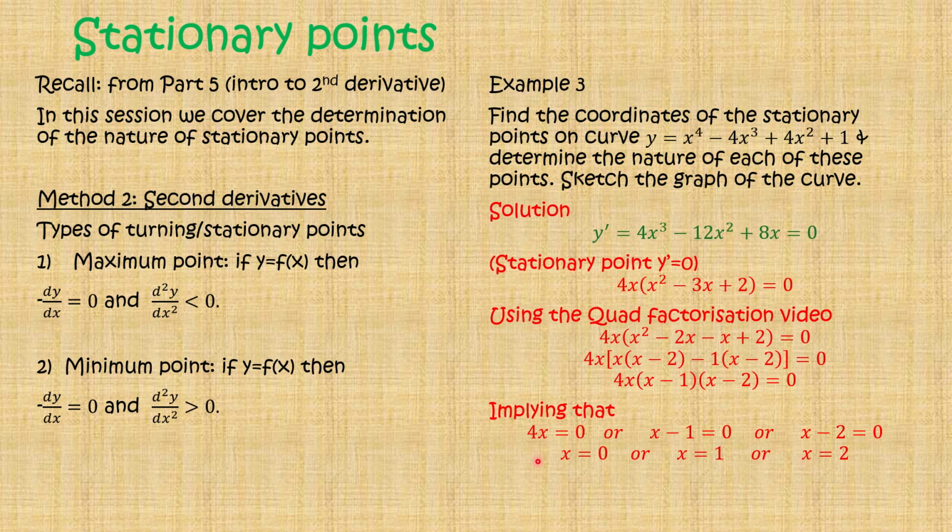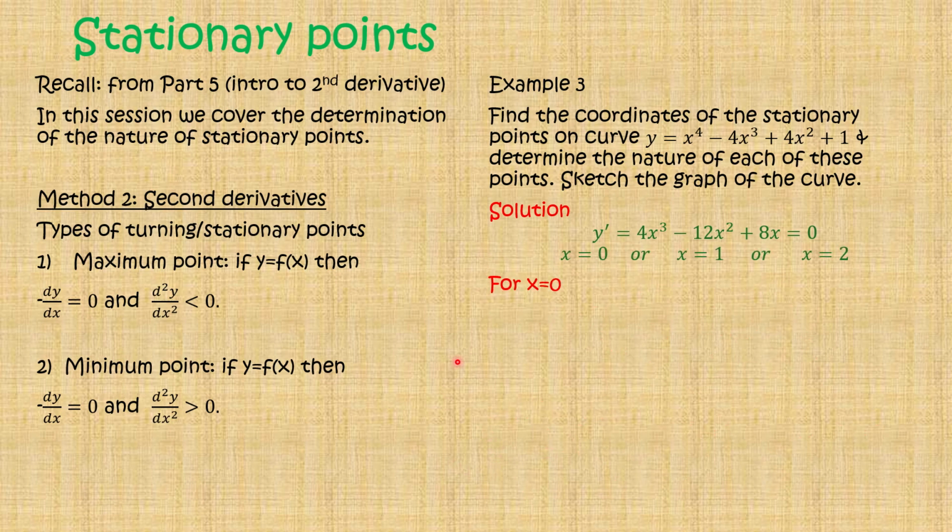Now, to find the corresponding y values, what we do is to substitute the x values into the y equation or curve. We start with x is equal to 0, and in doing so, we are going to get the y value of 1. Then the turning point we have from this is 0, 1.